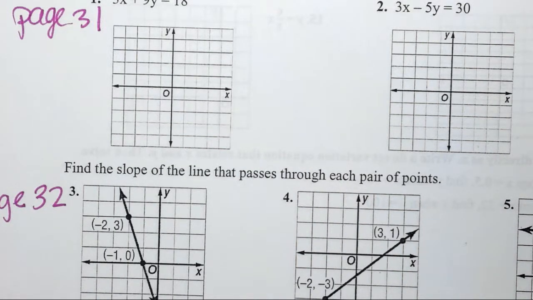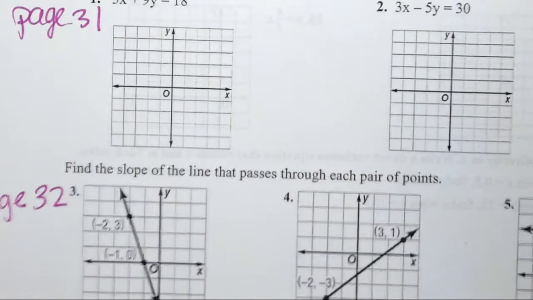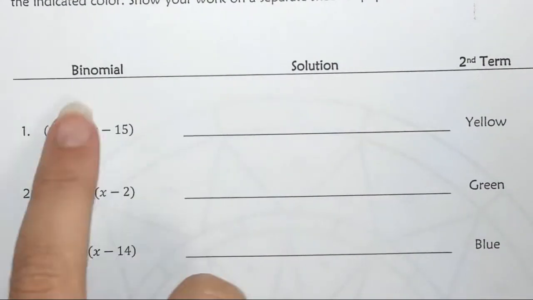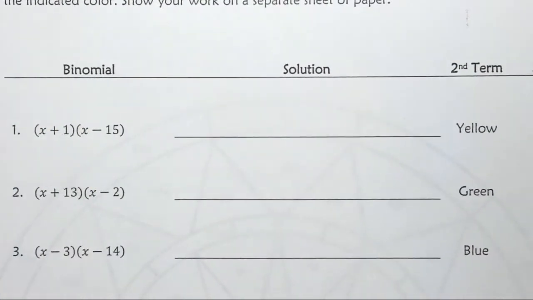You can work it out on a separate sheet of paper if you want to, or you can just work it out right here. We're going to do the first one together, and then you're on your own. You have a test on Friday that's on this whole unit. You're going to get your study guide tomorrow.